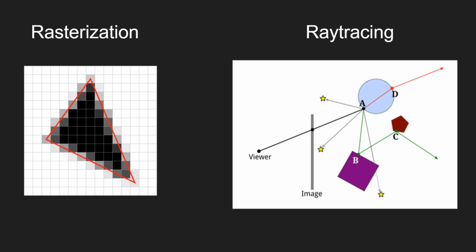So in rasterization, we don't actually trace any light rays around the scene. The lighting is calculated indirectly by very simply calculating the angle to the light source of every surface. But in ray tracing, we actually follow the light rays around.